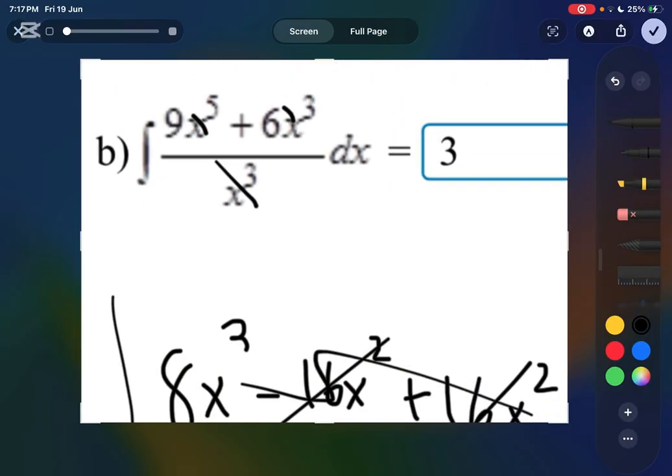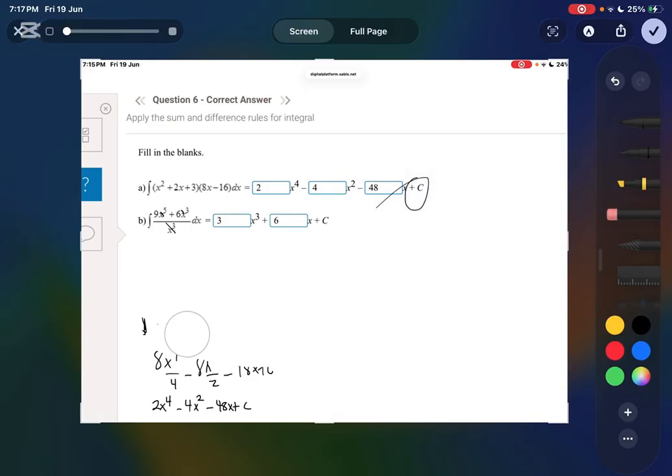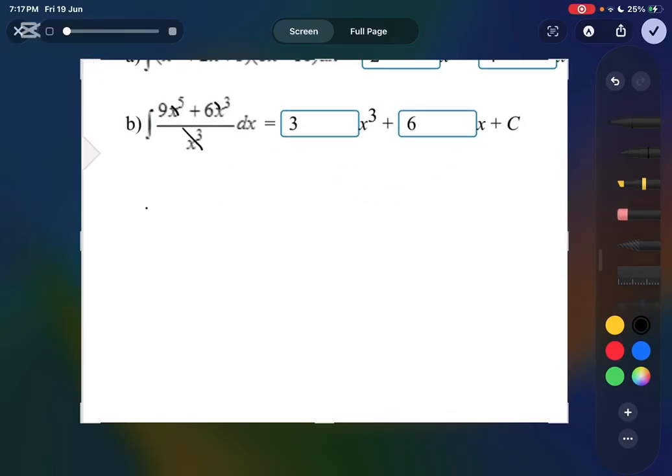So now the new equation becomes, let me just erase this. So now it becomes integral of 9x^2 plus 6.